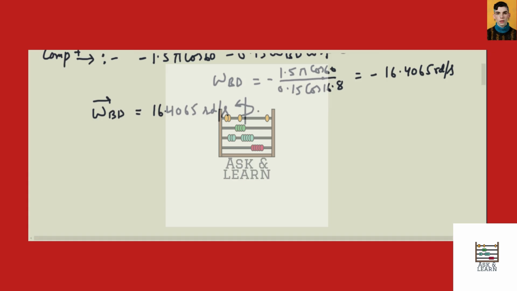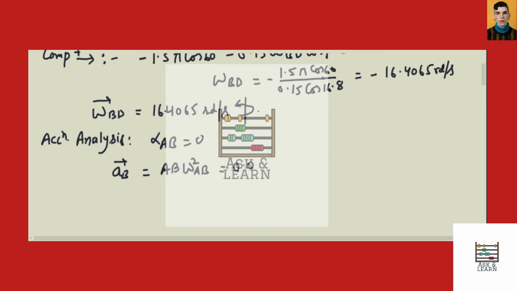Now acceleration analysis. Acceleration of AB is 0. Acceleration of B point is AB omega square AB.